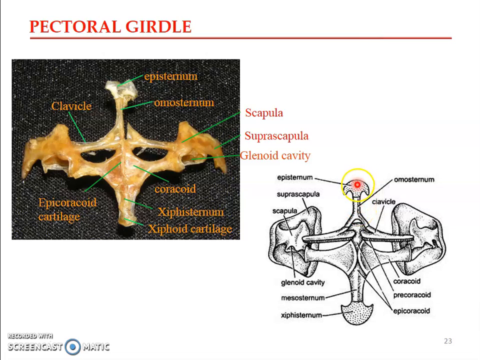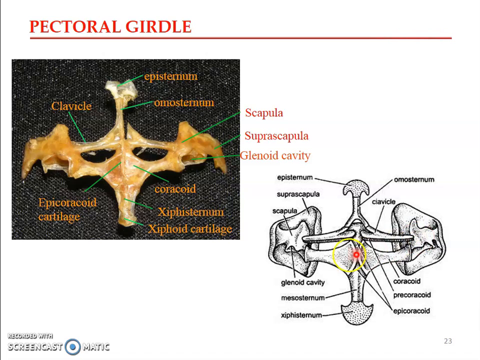The anteriormost part is the cartilaginous episternum, which is attached to the omosternum, a Y-shaped bone found adjacent to or anterior to the clavicle. Posterior to the epicoracoid lie the rest of the sternum: the mesosternum, just posterior to the epicoracoid, and the xiphisternum, the posteriormost part, which is communicating with the mesosternum.